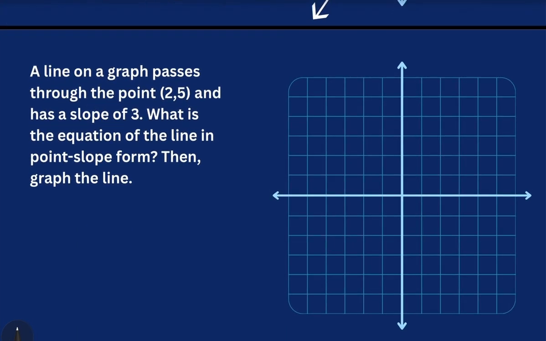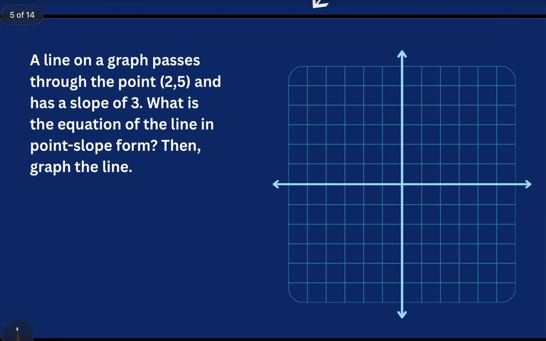Now let's do some more examples. A line on a graph passes through the point (2, 5) and has a slope of 3. What is the equation of the line in point slope form? Then graph the line. So first let's remember that point slope form is y minus y1 equals m(x minus x1). Remember that y is just going to stay the same.